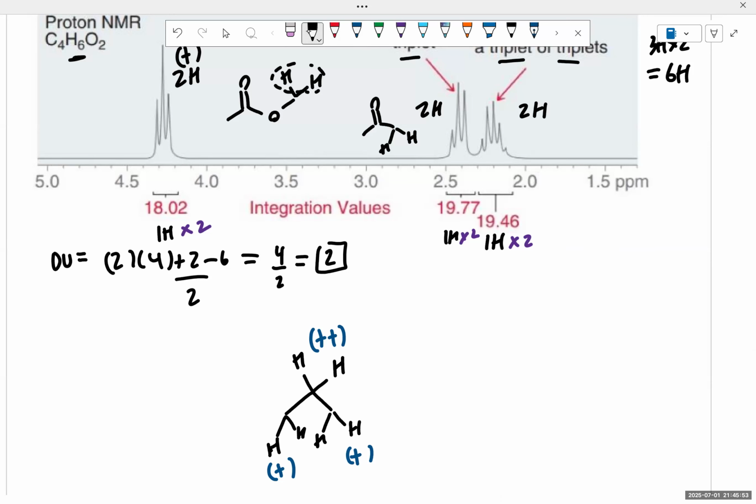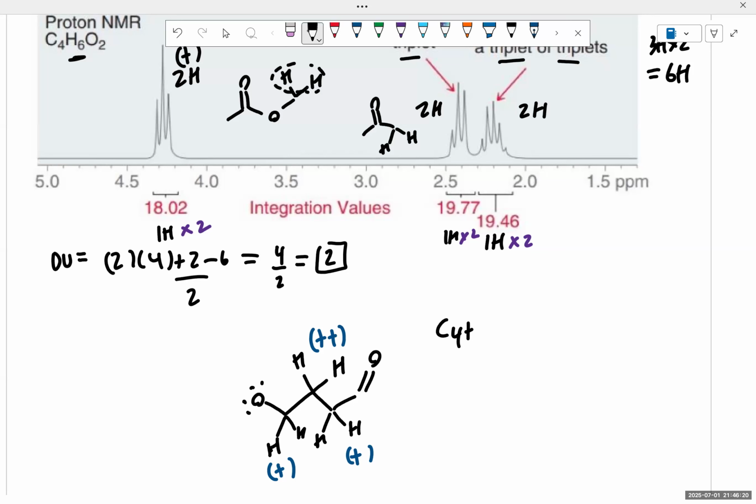Okay, so let's now try to square this circle a little bit. In this case, one of our protons is adjacent to an alcohol, or at least a carbon attached to the oxygen atom, and another of our protons is adjacent to a carbonyl. Now, we don't have any extra atoms.